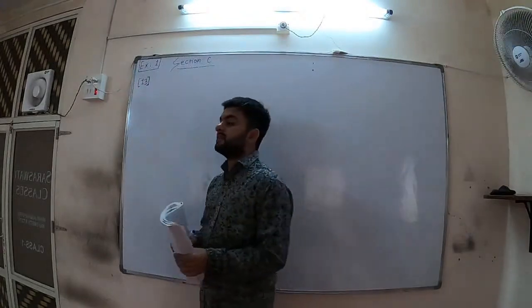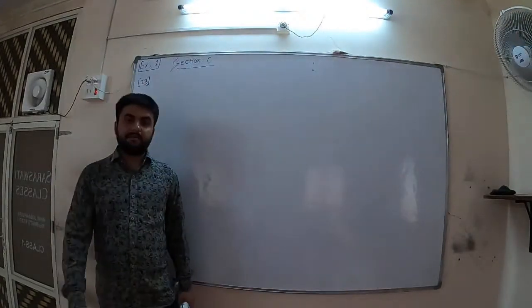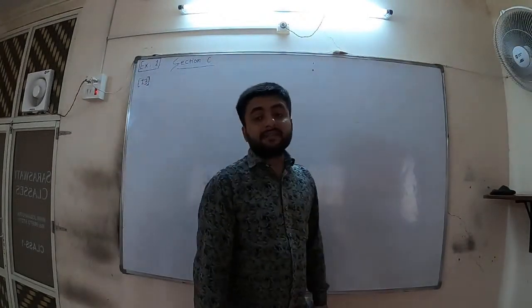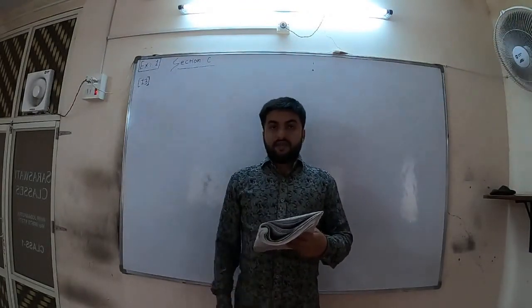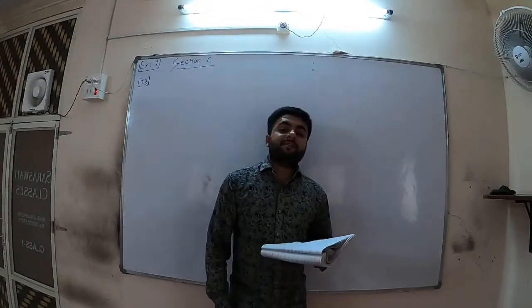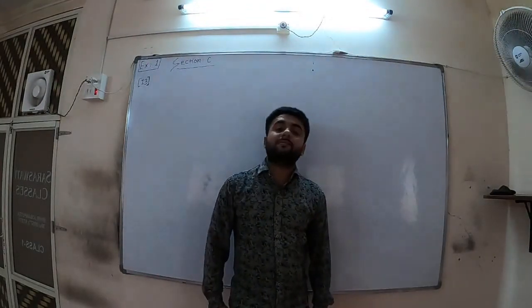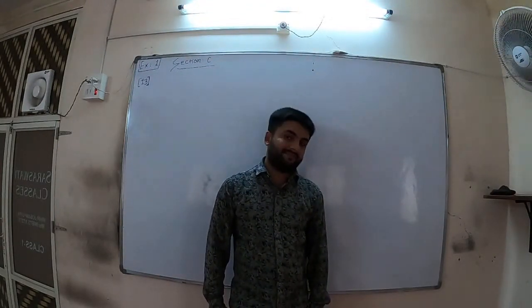Now in this sum, maximum students will make a mistake. Compare this with the 10th sum. In that they are clearly mentioning percentage increase 315. So what you did, 315 plus 100.